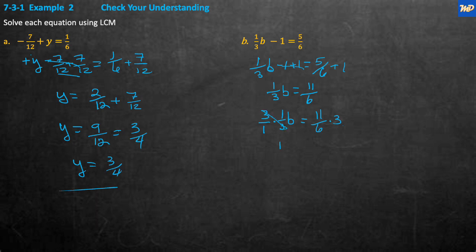So these cross cancel, and you'll get b is equal to 33/6 or 11 halves, however we want to look at this. If we divide 6 into 33, it goes 5 times, is 5 3/6, or 5 1/2. So b is equal to 5 1/2.